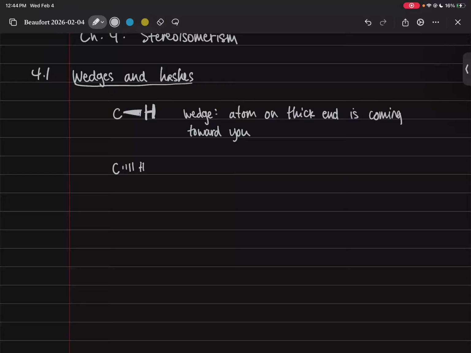And then the opposite is true for this dashed or hashed thing. Let me see if I can do that a little nicer looking. There we go.